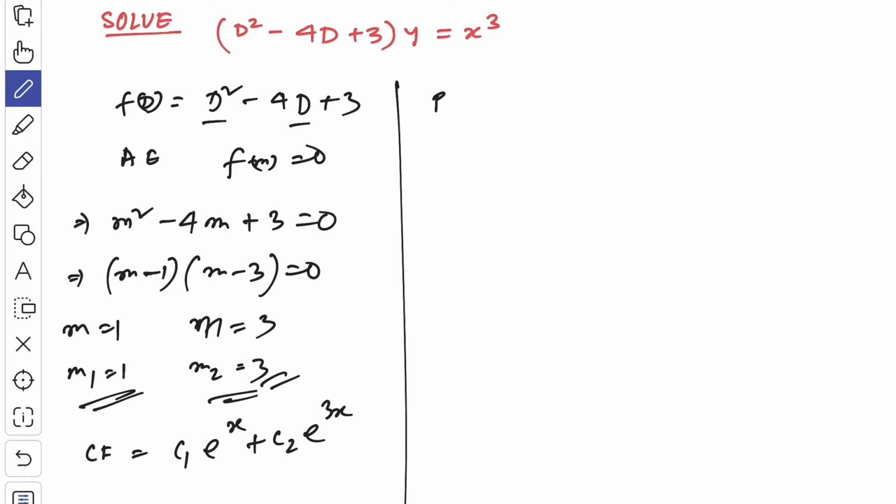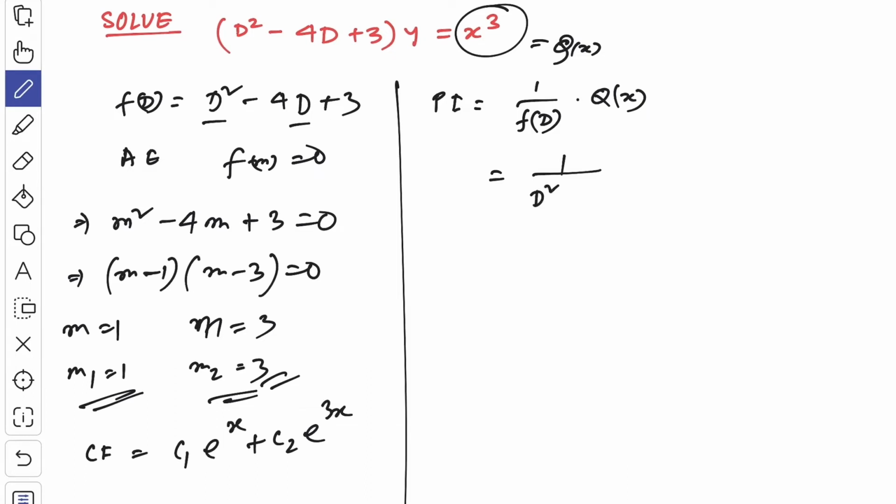Now let's find PI. So how to find PI? 1 by f of D into Q of x. Here Q of x is x cube. This is our Q of x. So that's why what we're going to have here is 1 by D square minus 4D plus 3 into x cube.